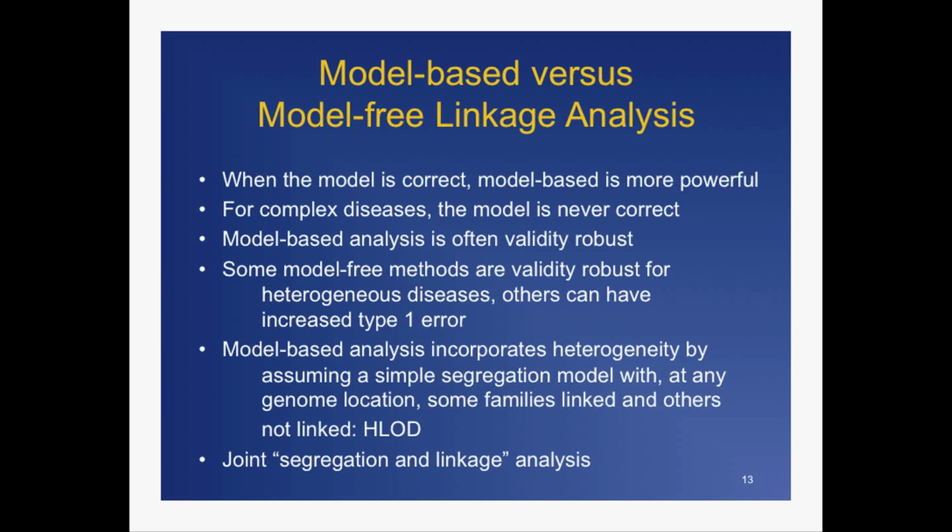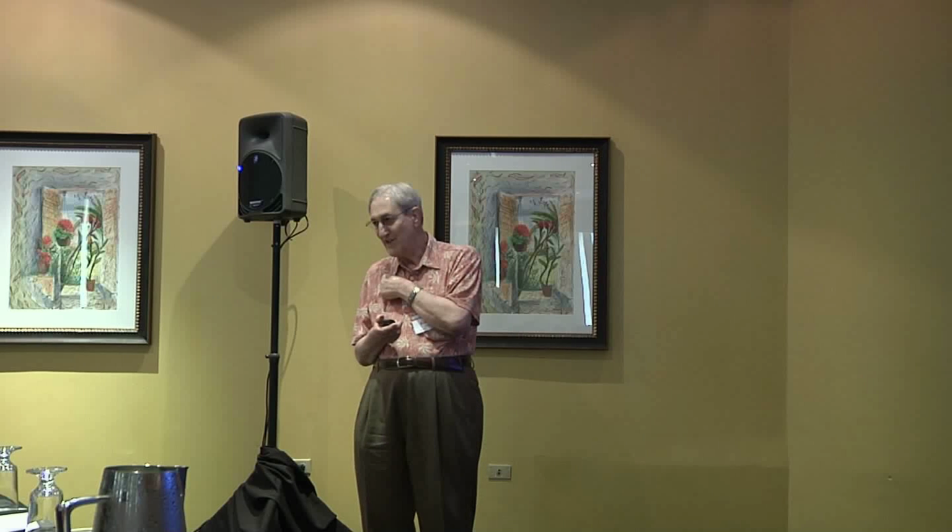All right. And then people do what is sometimes called joint segregation and linkage analysis. Whenever you are estimating parameters of the segregation model, you must allow for ascertainment.